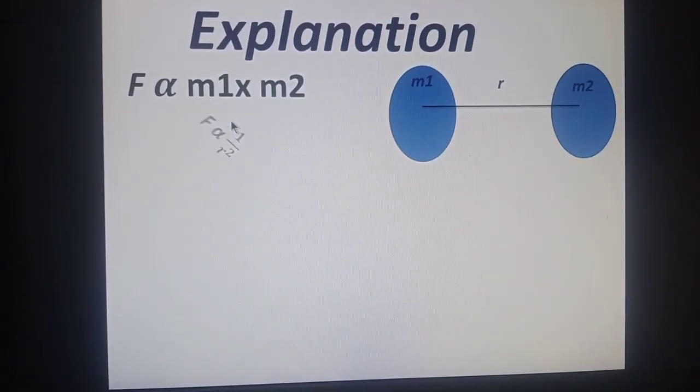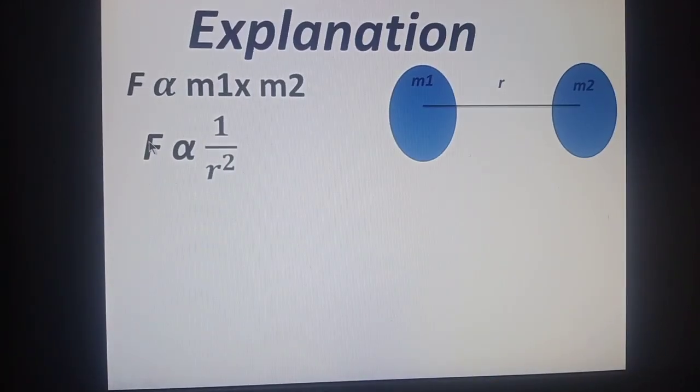Secondly, the law says this force of attraction between these two objects is inversely proportional to the square of the distance between their centers. It means the closer the bodies, the more the force. Inverse relation shows that if you increase one quantity, the other decreases. If you decrease one quantity, the other increases. Such a relation is called inverse relation.